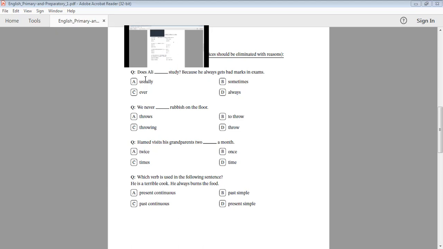Present continuous, past simple, present simple. Yes, that's clear. Present simple, because in the first one we use is as the verb to be in present simple to express about present simple. He always burns, because burns here we add s to the verb because of the subject he.